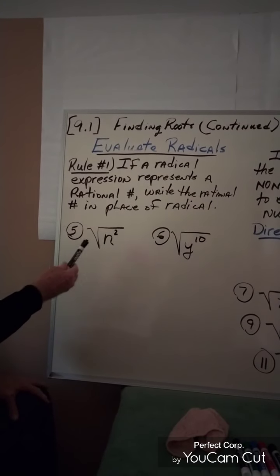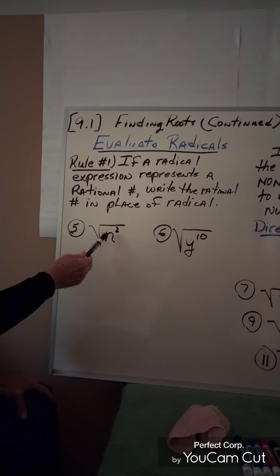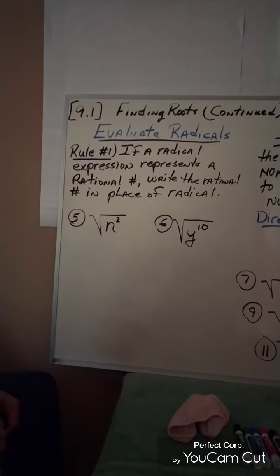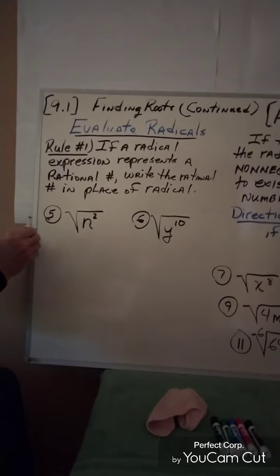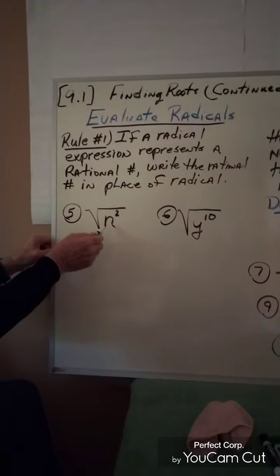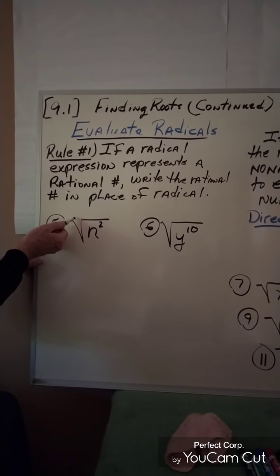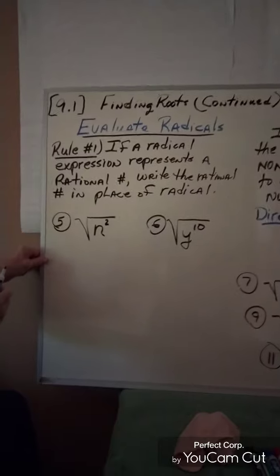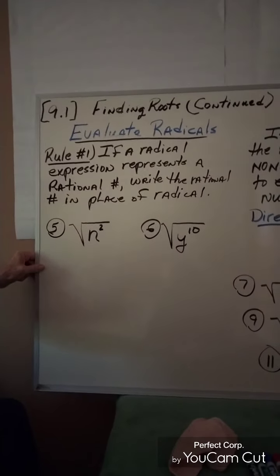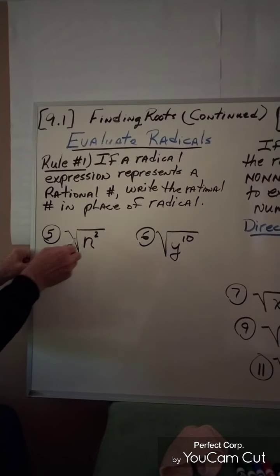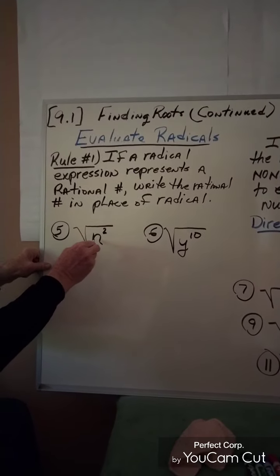But there is something very important that needs to be mentioned as we take a look at a problem like number 5, and I want to deal with it as carefully as I can. We begin by recognizing the fact that our index is a 2 because it's a square root. We're going to take the base of that exponential expression underneath that radical sign, and bring that base down.